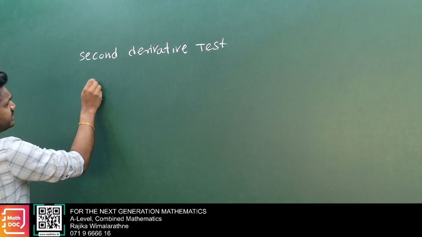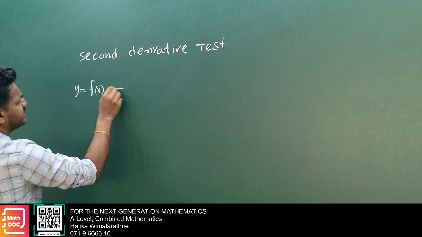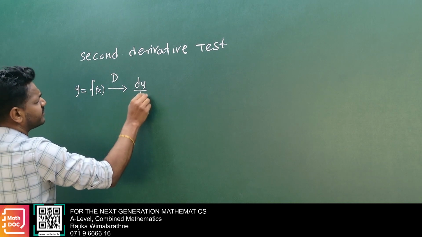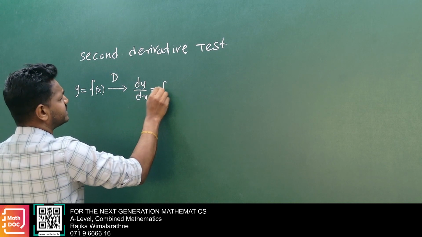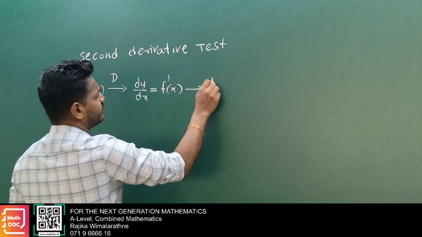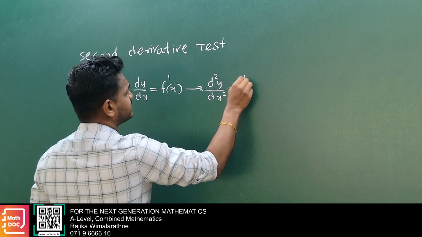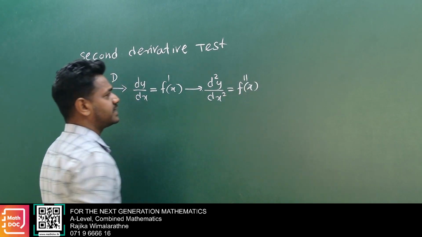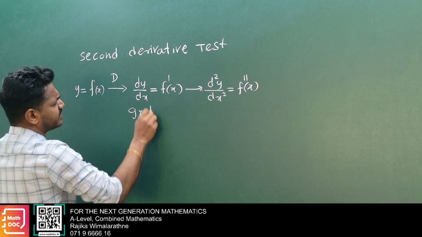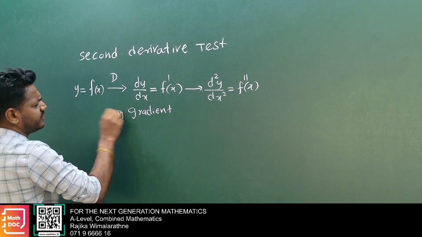Consider a function y equals f(x). Differentiate, and we get dy/dx, which we call f dash x. The second derivative d squared y by dx squared we call f double dash x. Here, the first derivative represents the gradient.